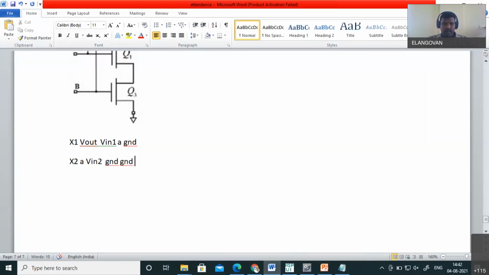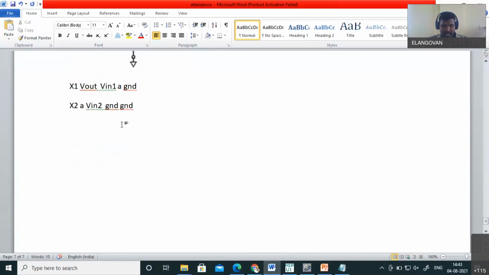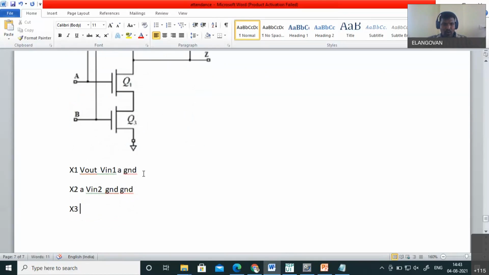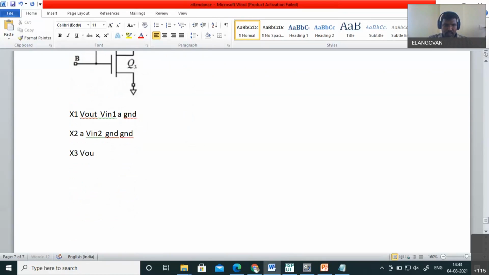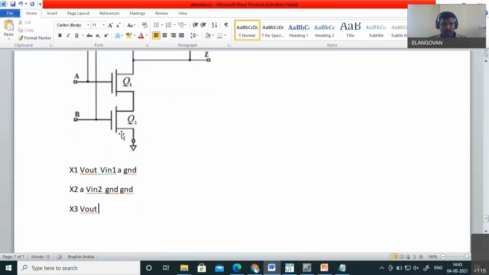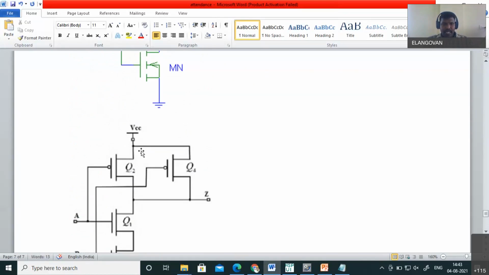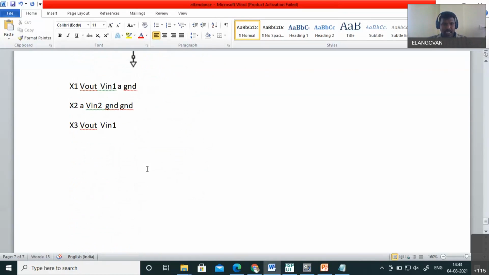For the third transistor, suppose I'm saying this transistor, PMOSFET. I'm saying X3. So X3 Vout. Input is connected with Vin1, and its source is connected with VDD.